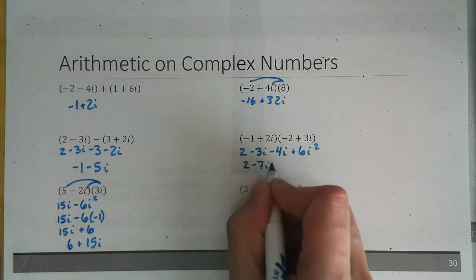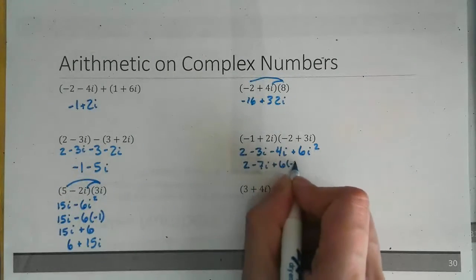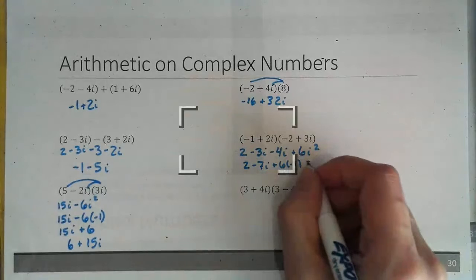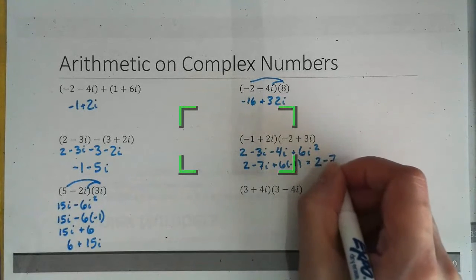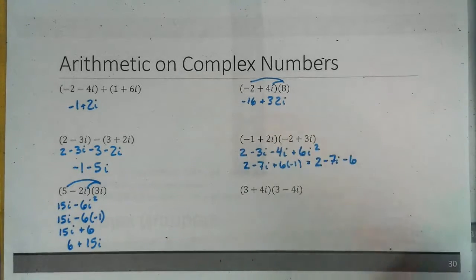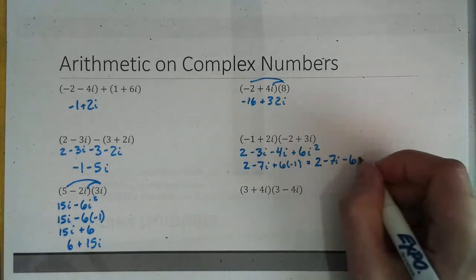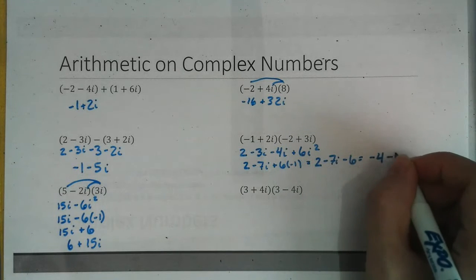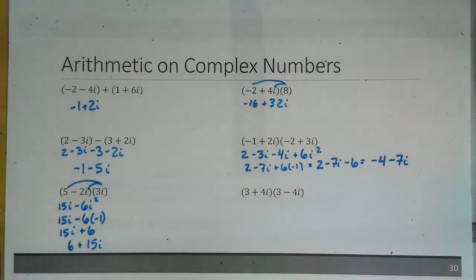So I have 2 minus 7i plus 6 times negative 1. 6 times negative 1 is negative 6. So this is 2 minus 7i minus 6. And if I put my real parts together, 2 minus 6 is negative 4. And we still have our minus 7i.